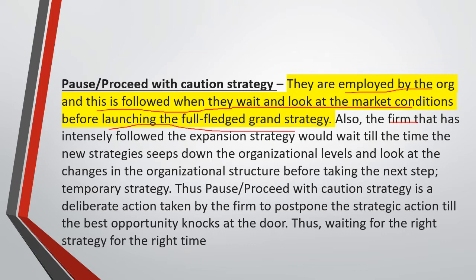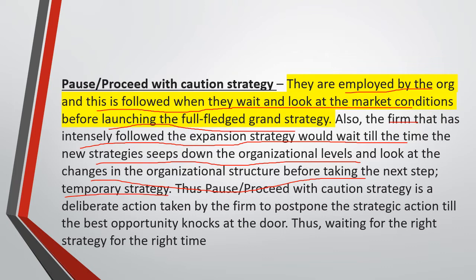Also, the firm that has intensely followed the expansion strategy would wait till the new strategies come up and there are changes in the organizational structure before taking the next step. This is a temporary strategy.